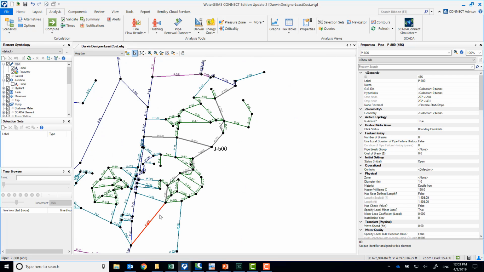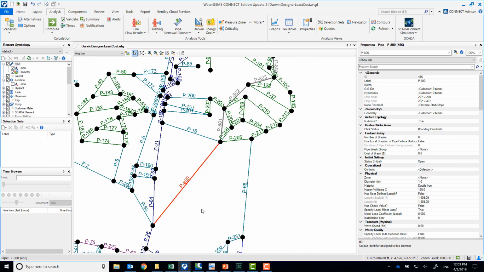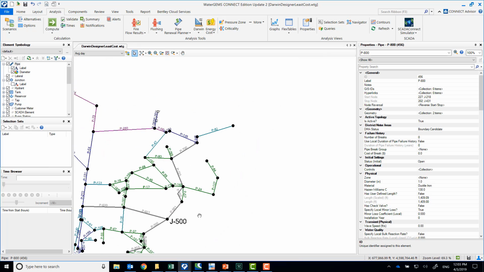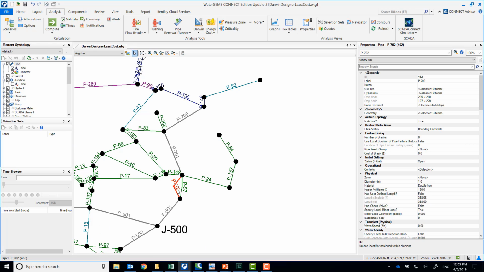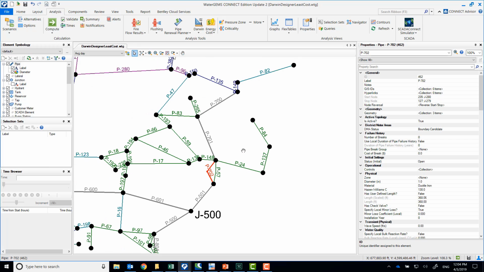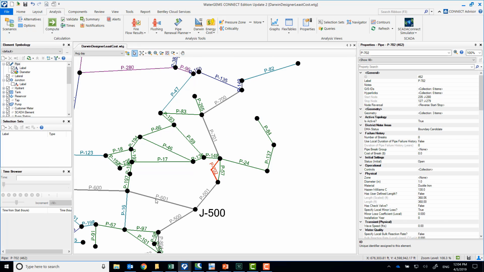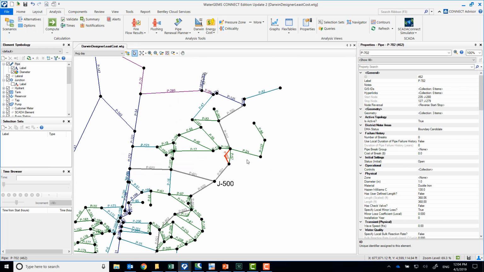Notice that this is a much longer path to connect. Or we had a third choice, which was to go using this 702 nomenclature, so 700, 701, and 702, right? So we were asking Darwin Designer to help us figure out which would make most sense to go the 800, the 600, or the 700 route.